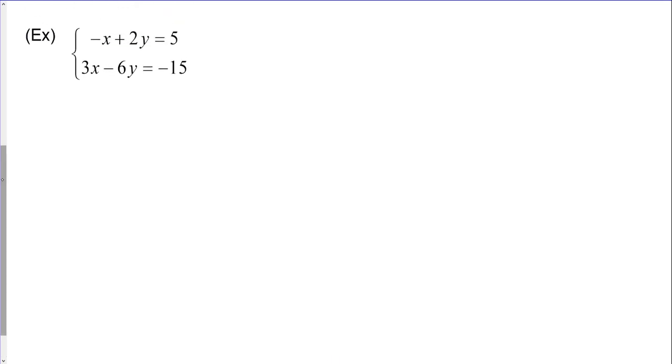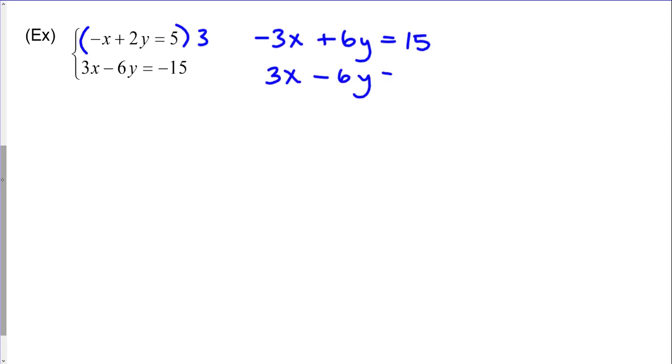The system negative x plus 2y equals 5 and 3x minus 6y equals negative 15. In order to solve this, I'm going to use elimination. And I'll start by multiplying the top equation by 3 so that it becomes negative 3x plus 6y equals 15. And the bottom equation is 3x minus 6y equals negative 15.